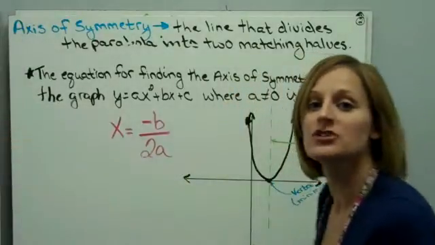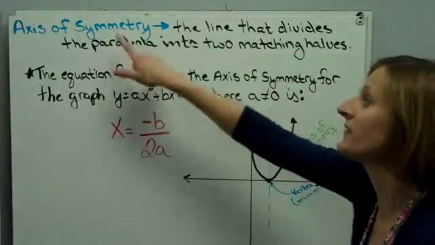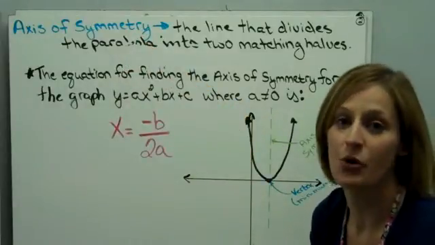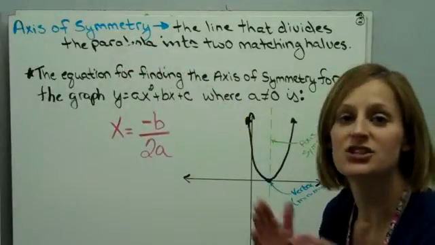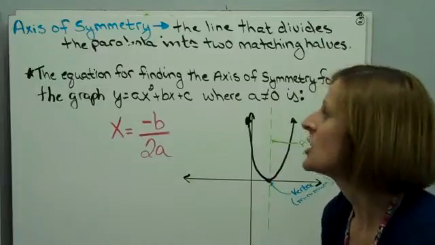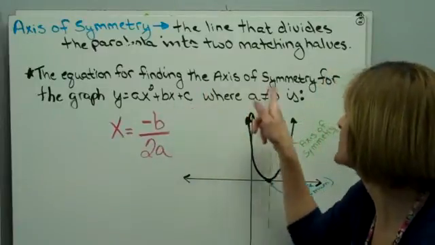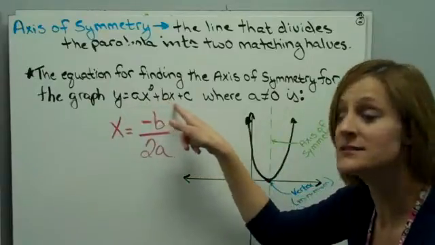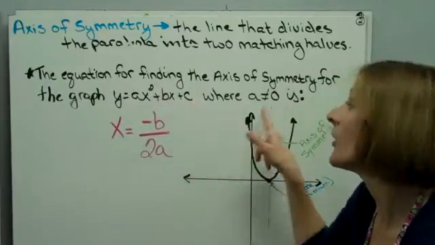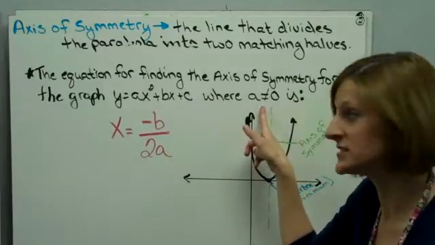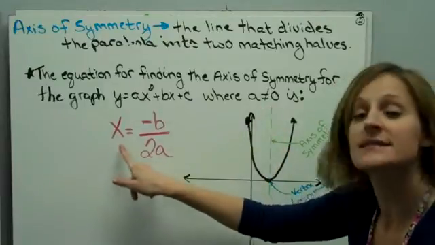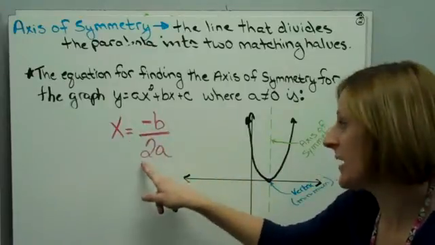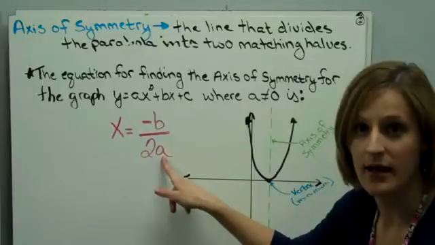When we are looking at quadratic functions, we like to look at the axis of symmetry. This is the line that divides the parabola in half into two matching parts. So the equation for finding the axis of symmetry for the graph y equals ax squared plus bx plus c, where a is, remember, never equal to 0, is x equals the opposite of b divided by 2 times a.